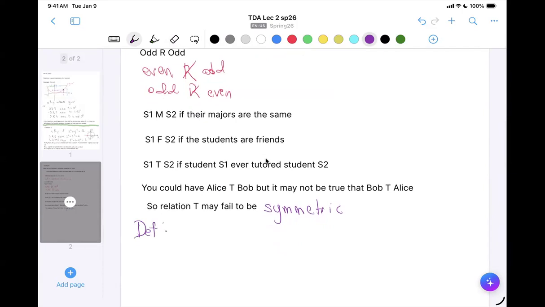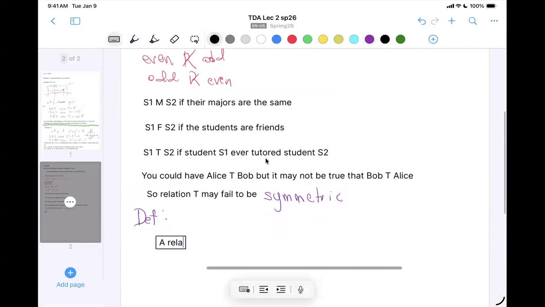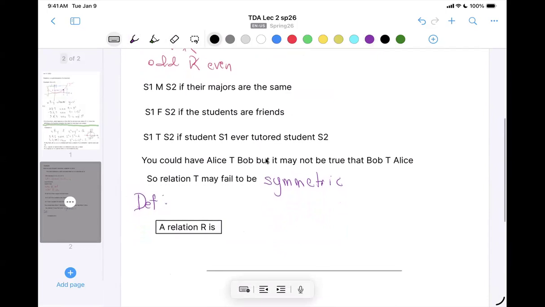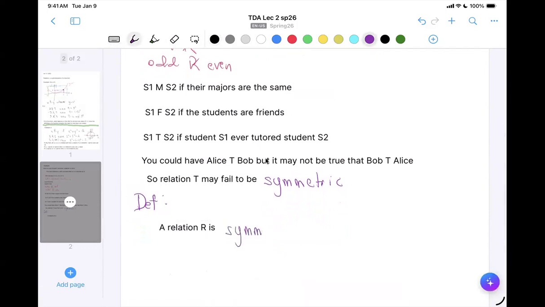So you would say that a relation R is symmetric if X is related to Y whenever, if and only if, how should I say?